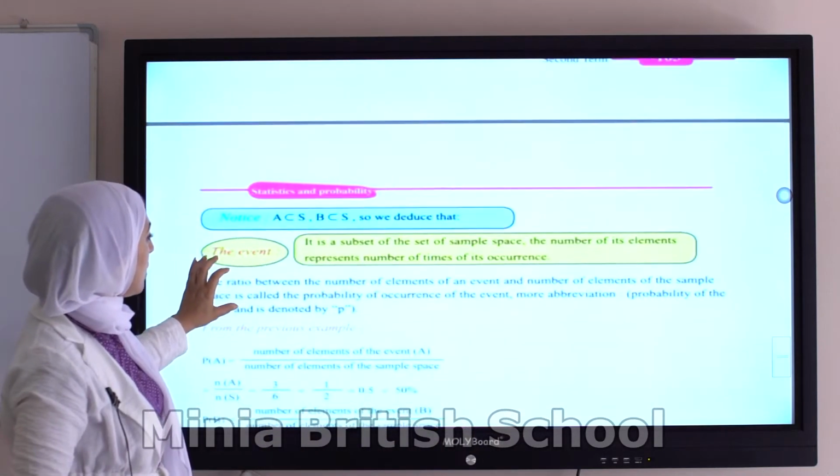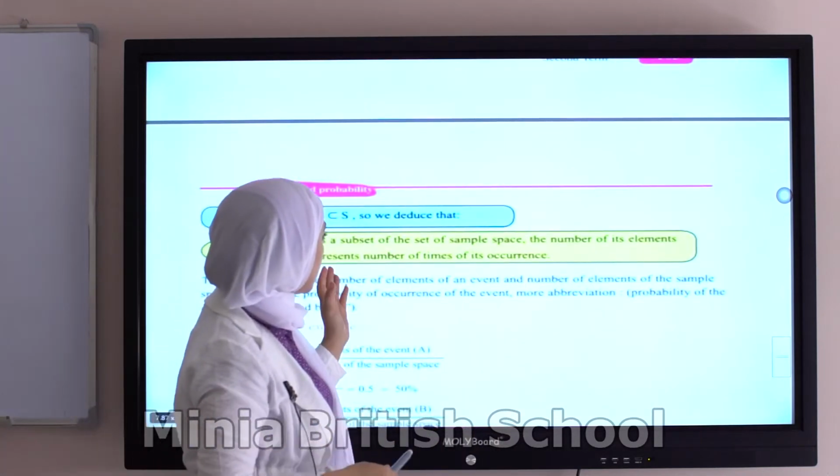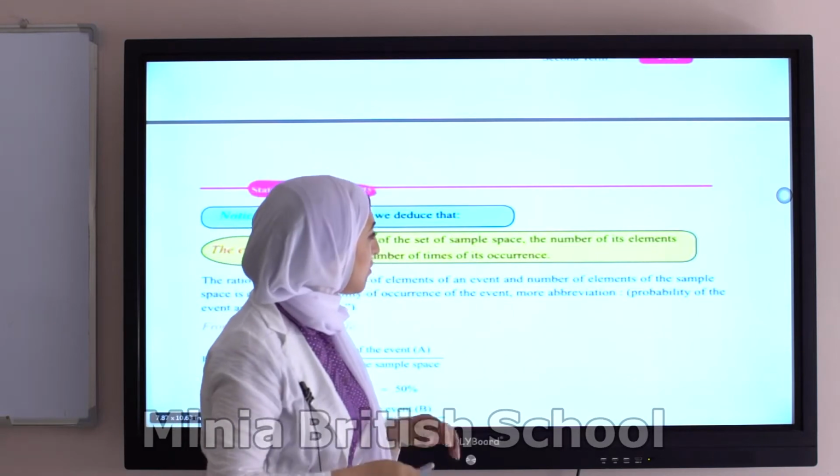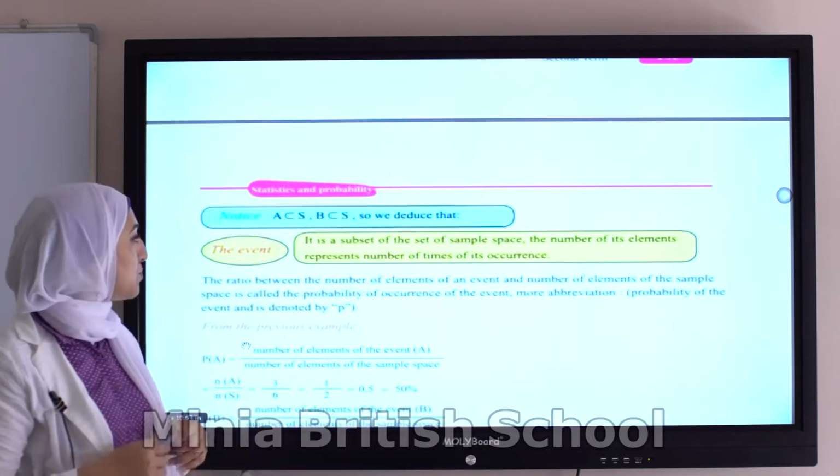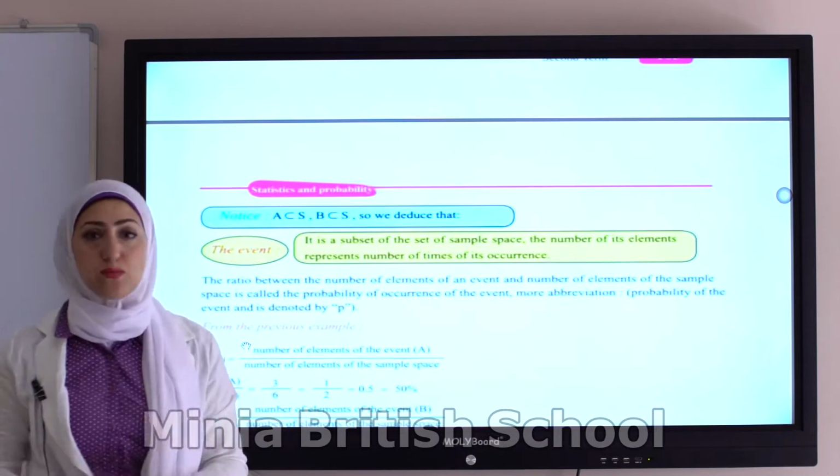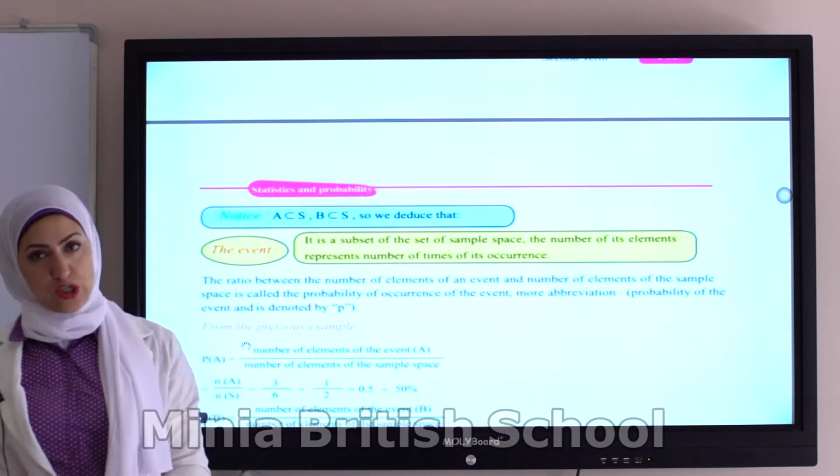So the event is a subset of the sample space. The number of its elements represents the number of times of its occurrence.